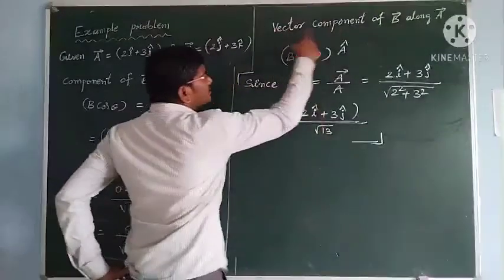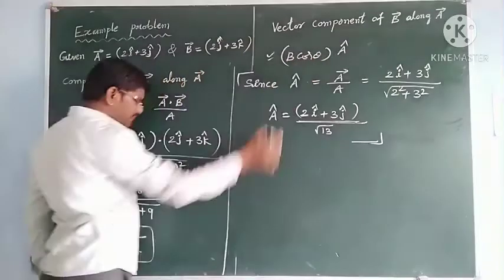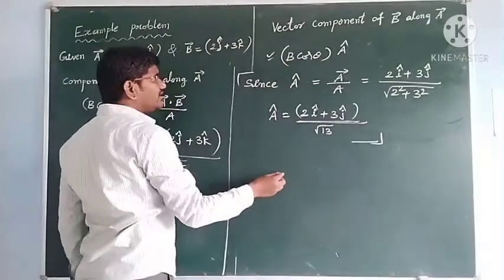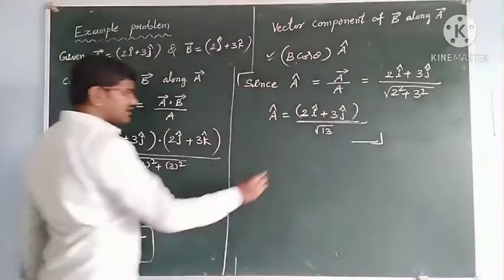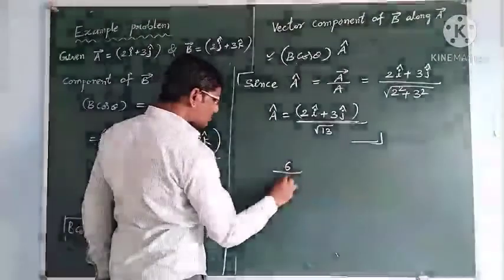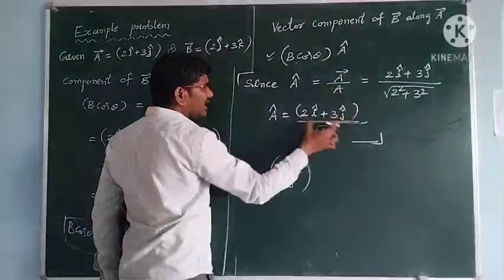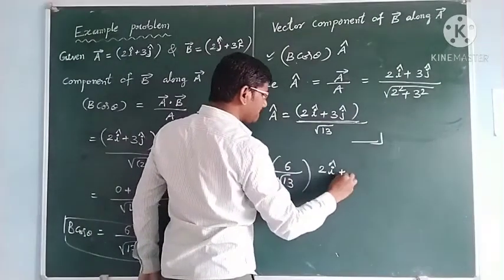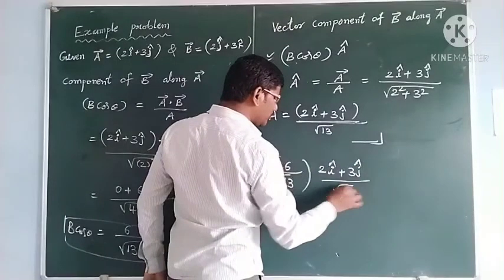Now see students, vector component of b bar along a bar is this value. Already b cos theta we have, 6 by root 13, into a cap. a cap value we have is 2i cap plus 3j cap by root 13.